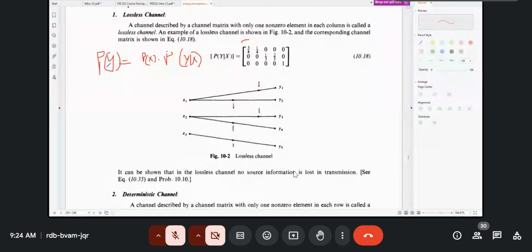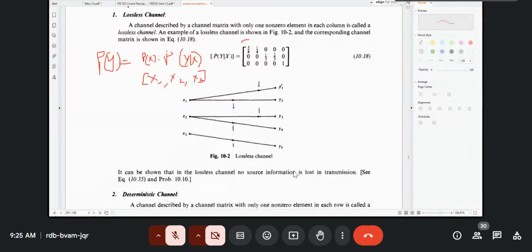So you can see the y's. If you multiply this, the figure will be x1, x2, x3, and you are multiplying that with the matrix. So you can see where this is coming from.